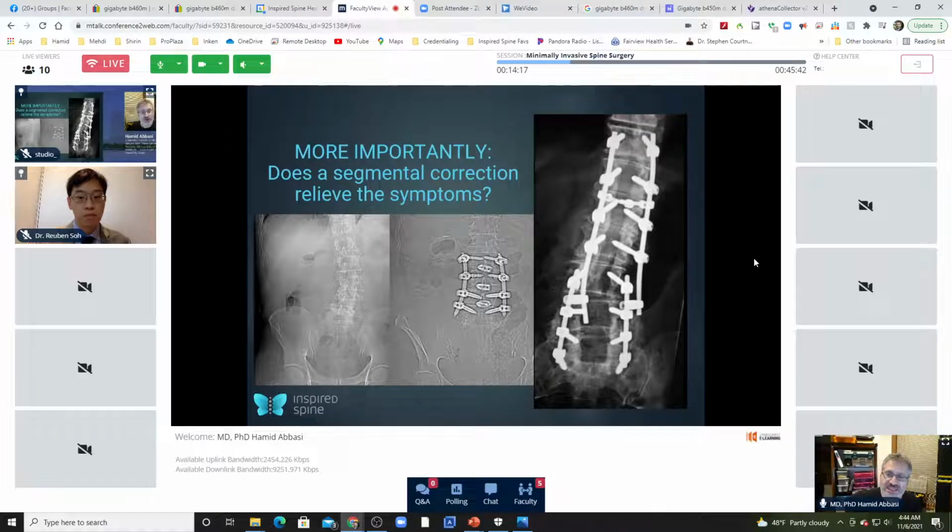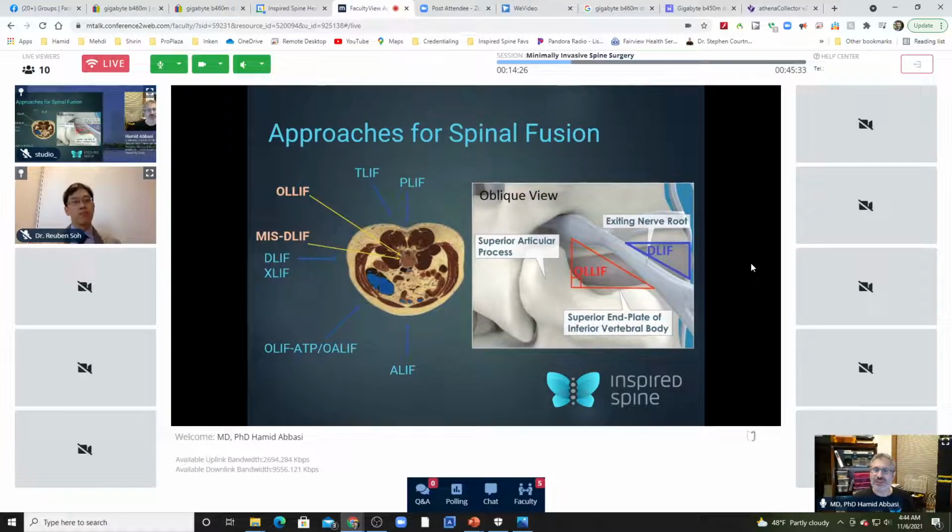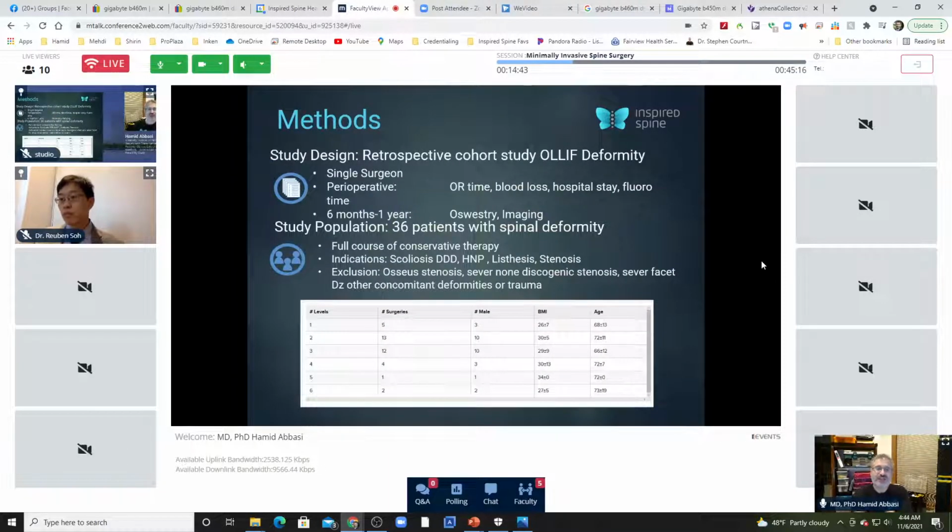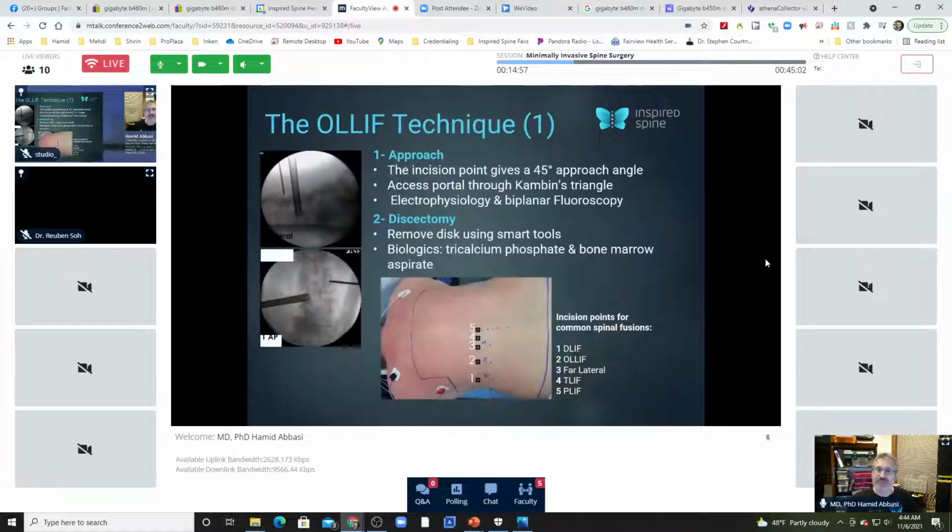Certainly there are open techniques, and in our series, all the patients underwent transcambin minimal invasive approach, which utilizes posterior, not anterior, OLLIF, oblique lateral lumbar interbody fusion, and in certain cases as well, minimal invasive direct lateral approach that goes anterior to the nerve root. Combination of these two allow us to achieve placement of the cage in a strategic location to correct for scoliosis. This was a feasibility test, but meanwhile we have done over 300 of these cases. The paper was published a while back.